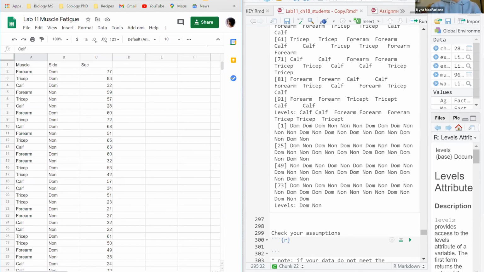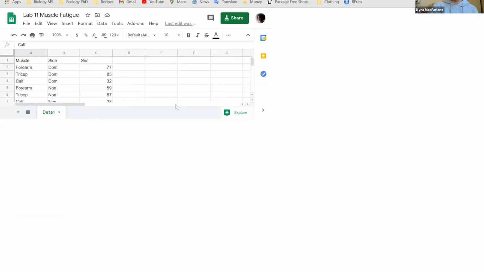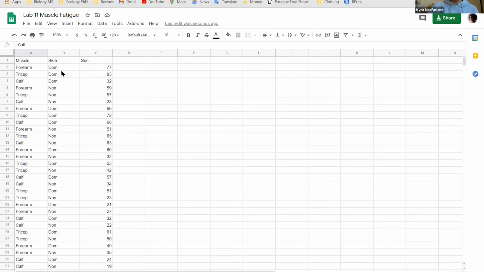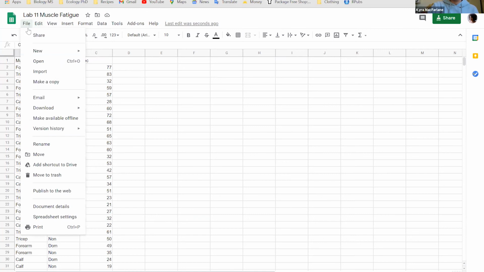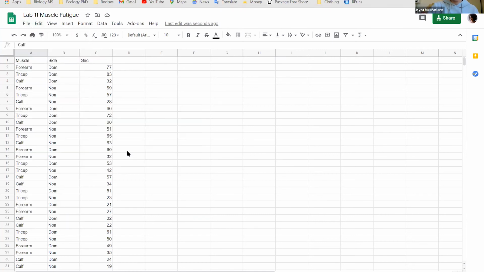If you downloaded the CSV, I'm gonna re-upload it right now. Or you could click the link and download the CSV from there as well. So file, download as comma separated values.